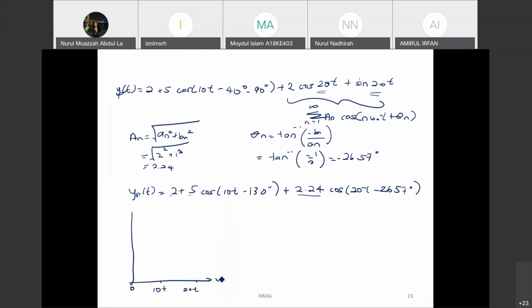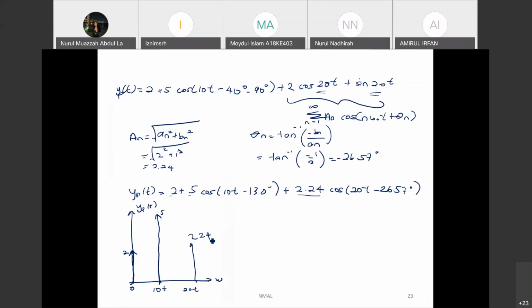So this is omega. Okay, this is yp(t). We have at 0 you have 2, and then you can put an arrow like this. At 10 you have a value 5. Okay, and then at 20 we have 2.24.